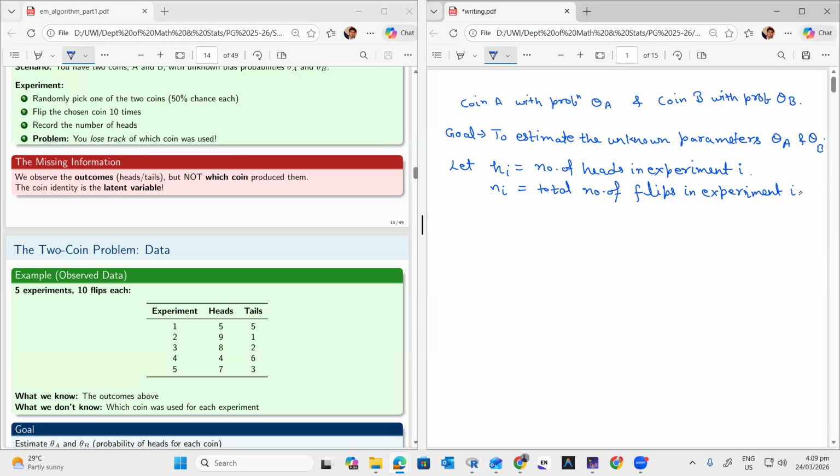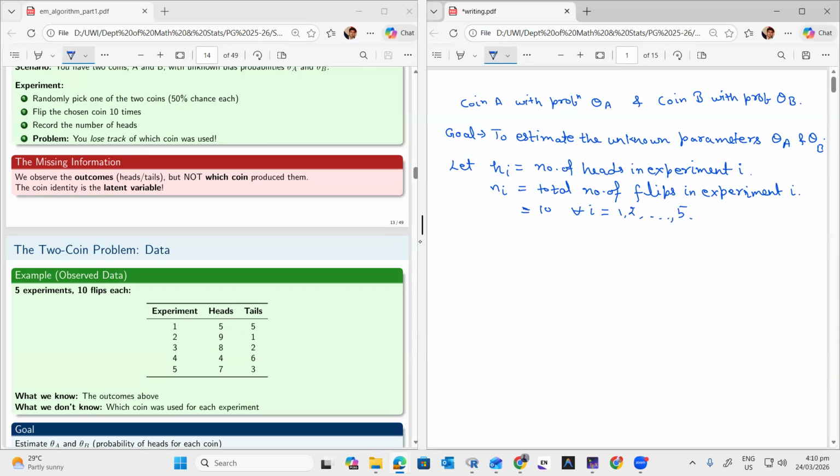So how many times were you tossing in experiment i? That is Ni. In this example, Ni equals 10 for all i. And we conduct 5 experiments, so i goes from 1 up to 5.